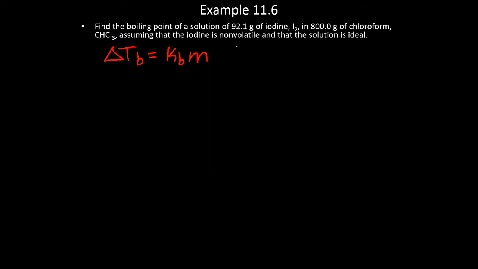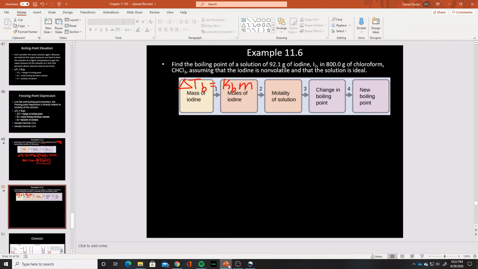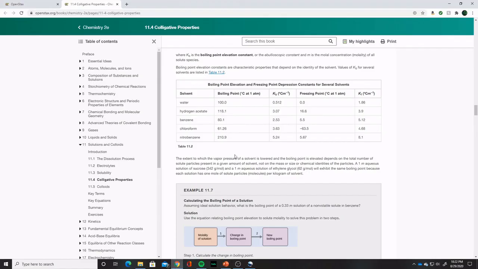And so we can go ahead and look up the constants.